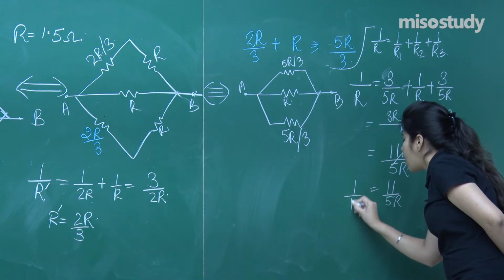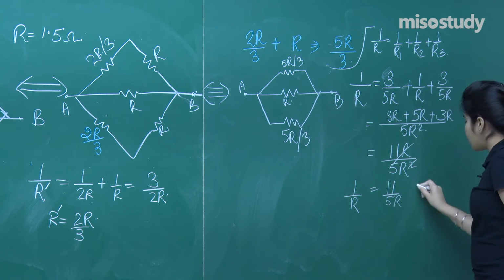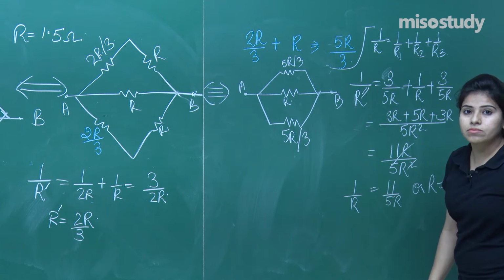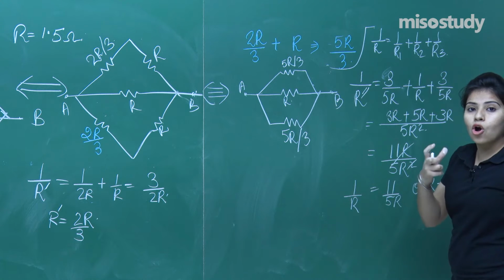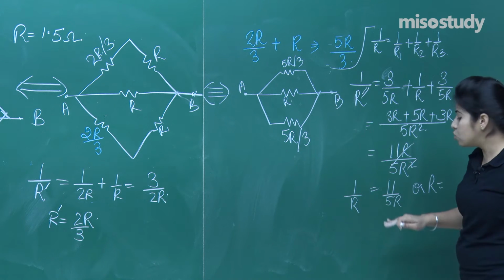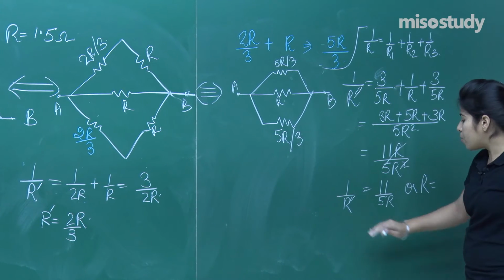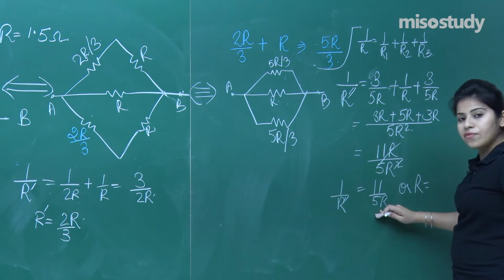This is your 1 by R. Let me write over here, this is 1 upon R double dash, because this is the combination of all these resistors and you should not be confused with the R. So R double dash is 5R upon 11.